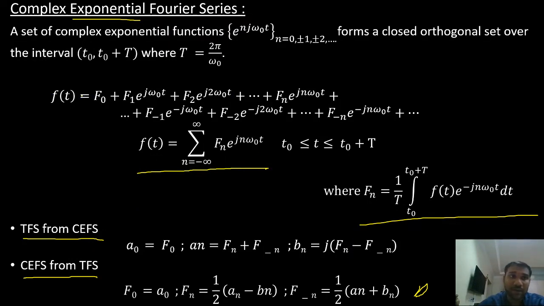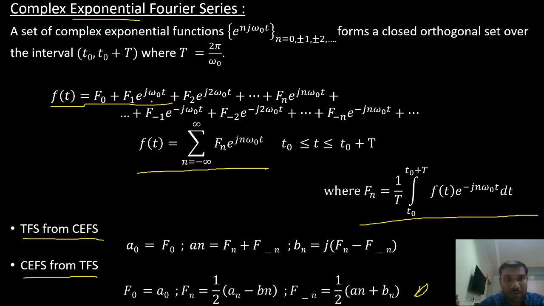Now, if I expand it, f of t is equal to f₀ plus f₁ e^(jω₀t), f₂ e^(j2ω₀t), and so on. f₋₁ e^(-jω₀t), f₋₂ e^(-j2ω₀t), and so on.